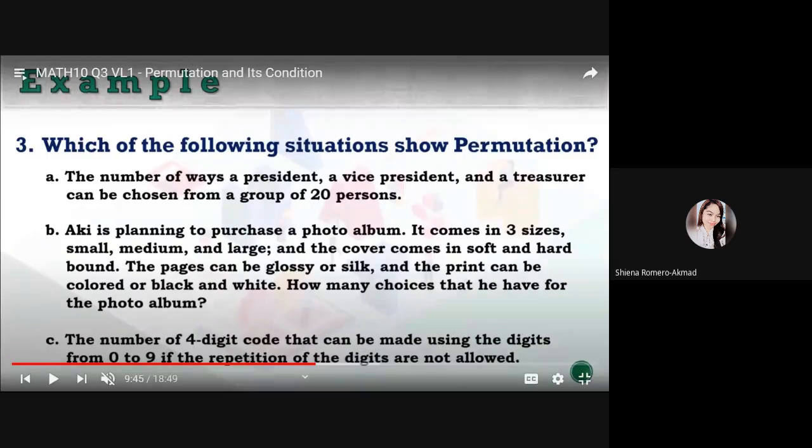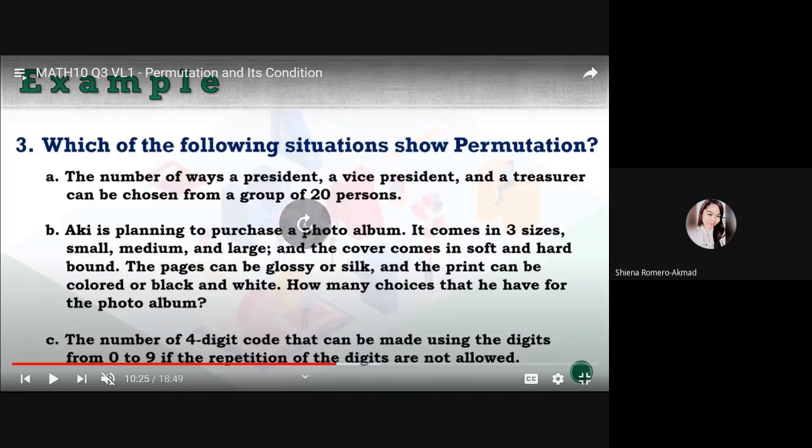Therefore, it is a different arrangement. It is a different code. Diba? So letter C is a permutation. Because, again, you choose from the same group, and at the same time, the order matters, the arrangement matters here.